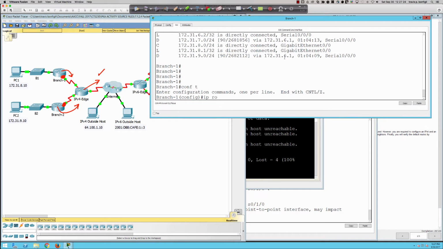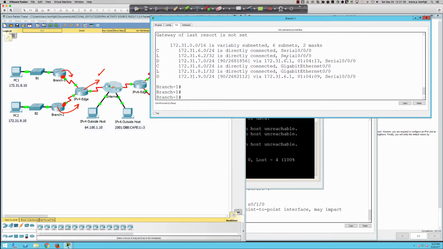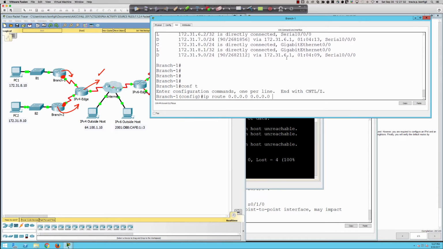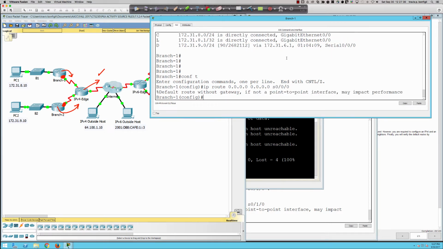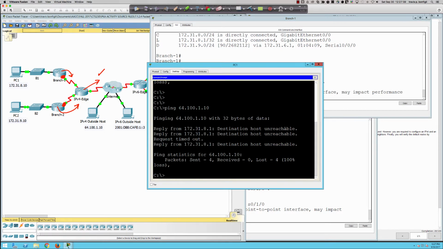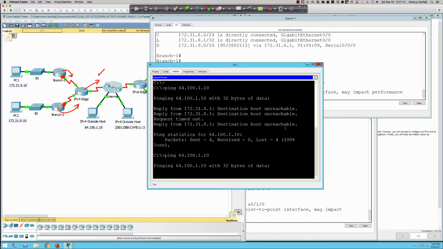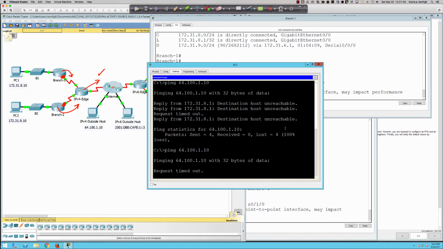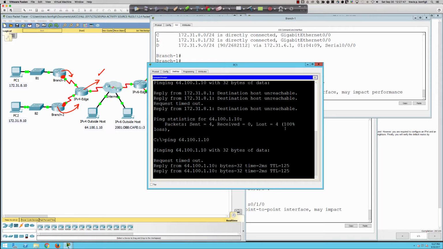So here we're going to say ip route 0.0.0.0 0.0.0.0, and it's going to go out, where's my serial interface? 0/0/0, I believe. Yep. We're going to get that error, right? So now I'm going to come over here and we're going to try to ping out to 64.100.1.10 from there, and we'll take a look at that.